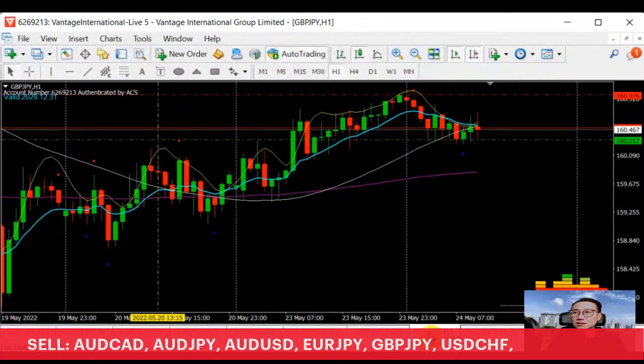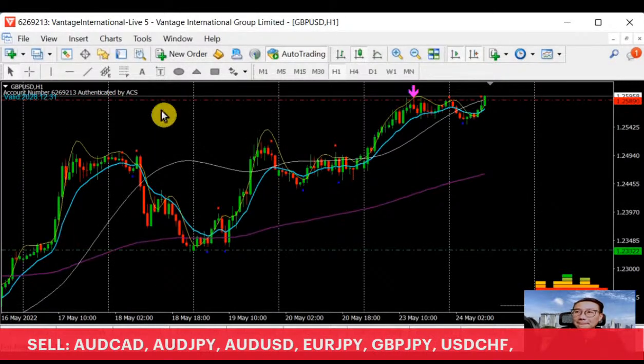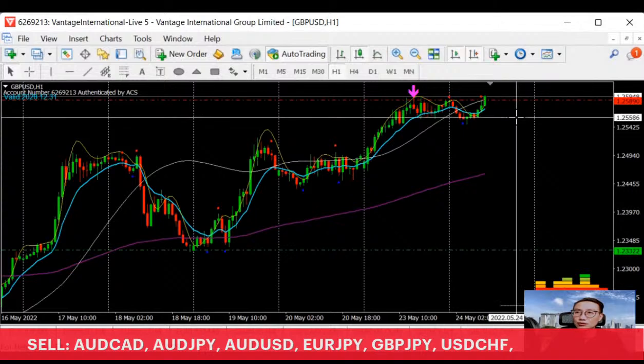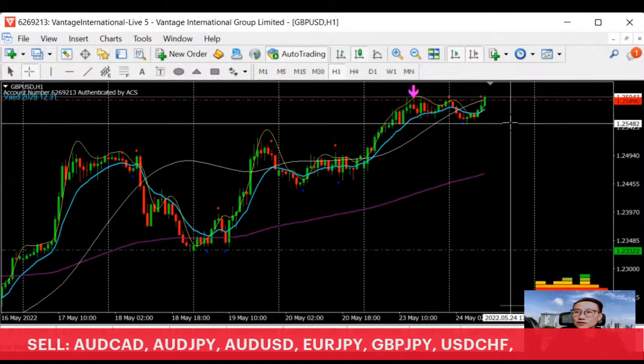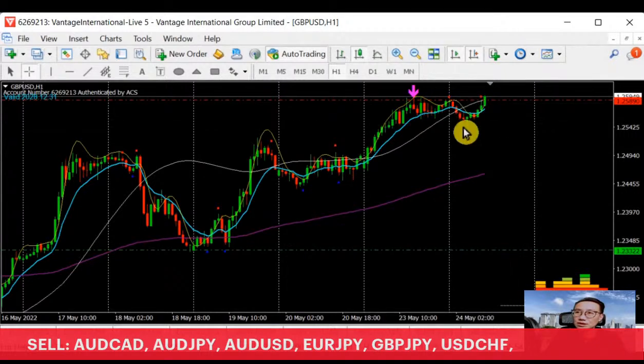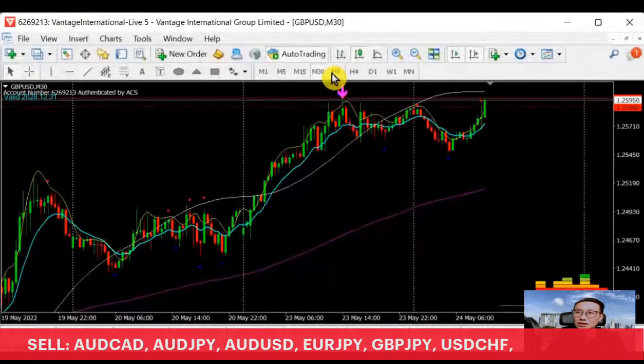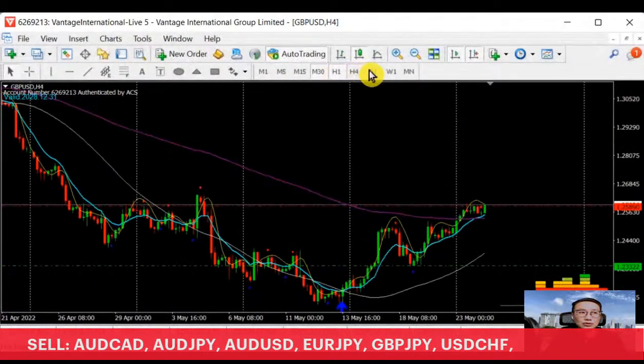Right now, let me take a look at pound dollar over here. Pound dollar has retraced downwards about 38 to 40 pips, but not breaking the support, and is still going for testing the resistance.